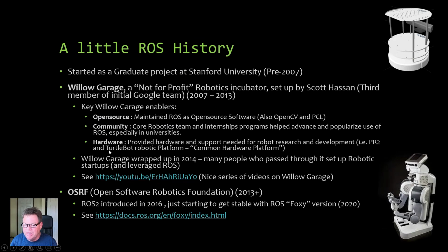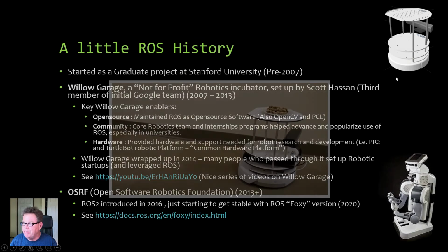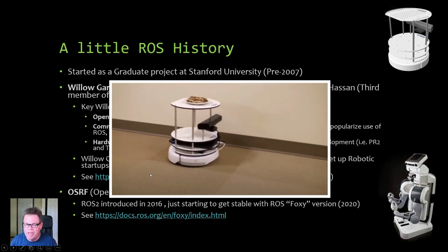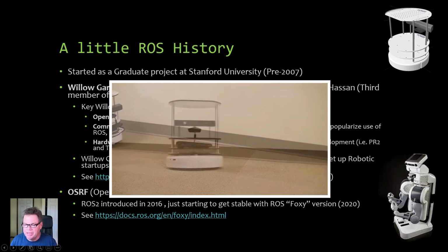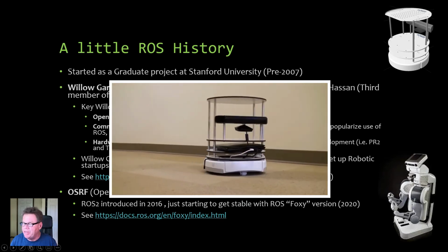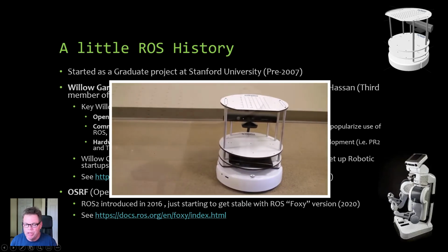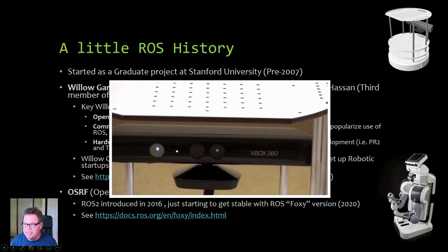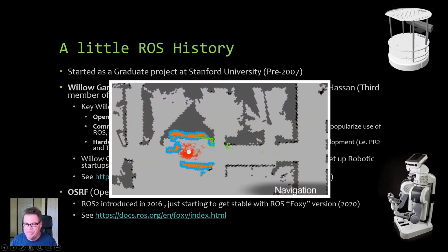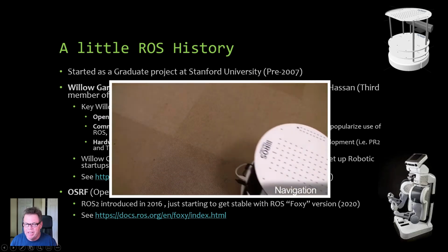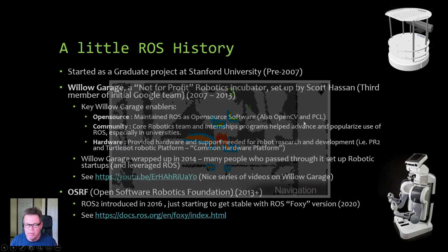And also a robot called TurtleBot, and we can see it here. Both of these were also made available commercially, so as people moved back to universities, they could use these same robotic platforms as well. And I think there's another advantage of having someone like Scott Hansen, who could finance pretty advanced hardware for people to use for their robot projects.